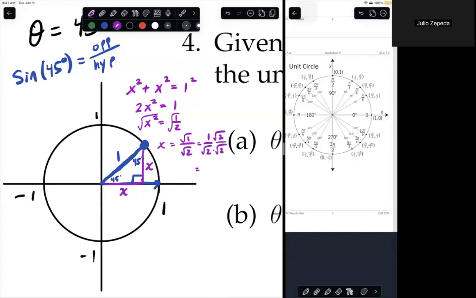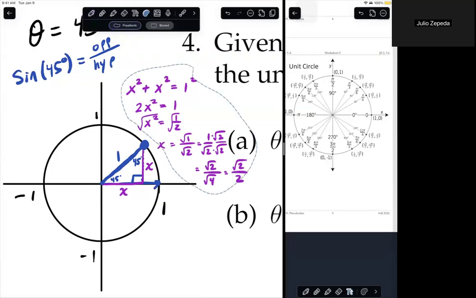And this is going to give me 1 times the square root of 2 on top, which is just the square root of 2. On the bottom, I have the square root of 2 times the square root of 2, which is the square root of 4. And we all know what the square root of 4 is. That is just 2. Okay, quite a bit of work there.